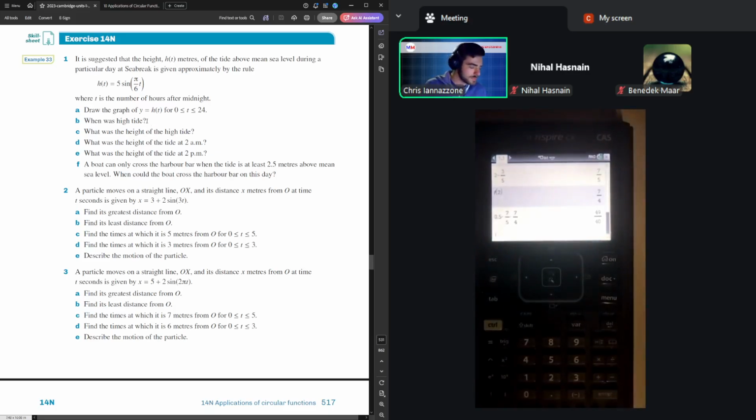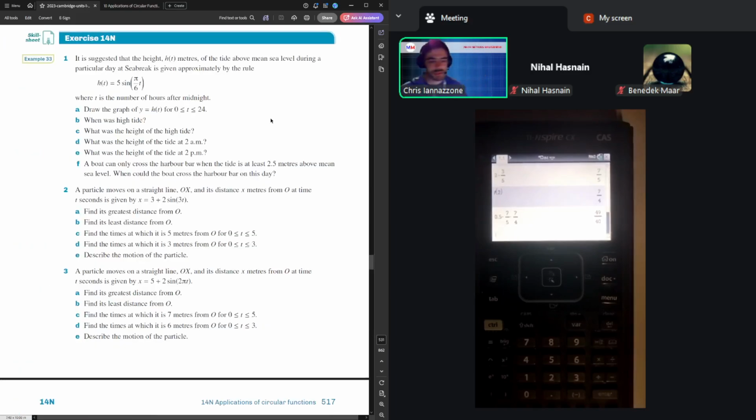While I'm drawing the graph, have a think about part B and how we might solve that. When was a high tide?